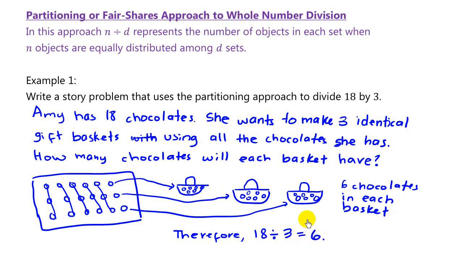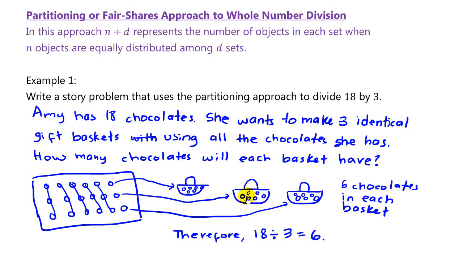Now this is called a partitioning into equal subsets or fair shares approach, because you can think of having a big set here and then partitioning into subsets that have to have the same cardinality, or the same number of elements. And what gives you the answer is how many elements you have in each of these subsets.